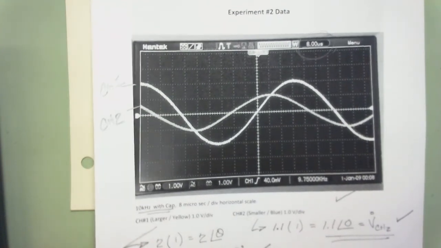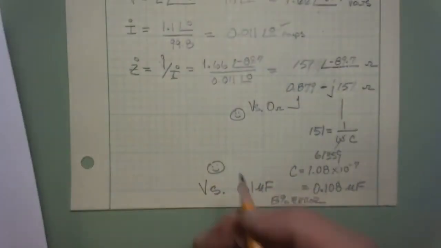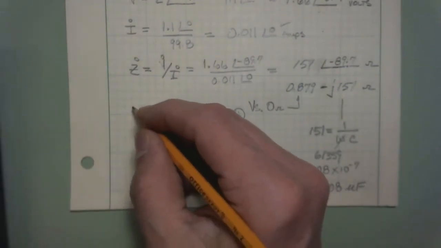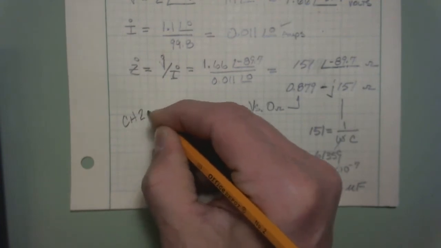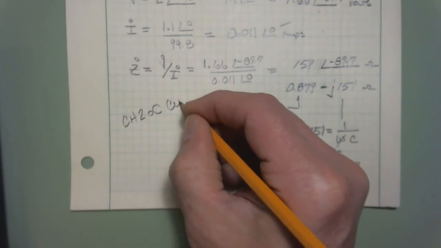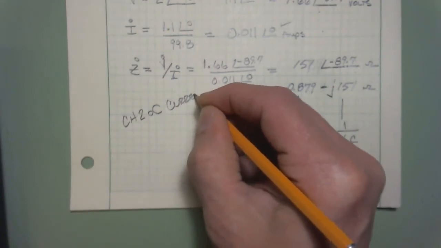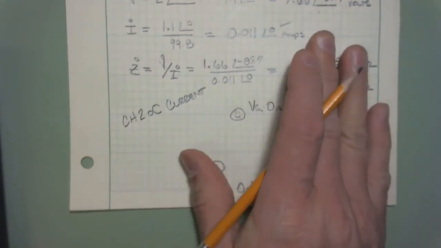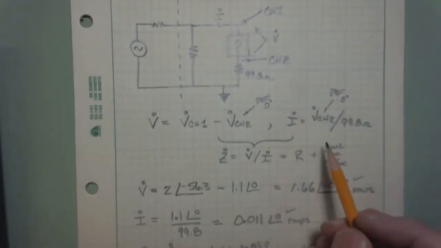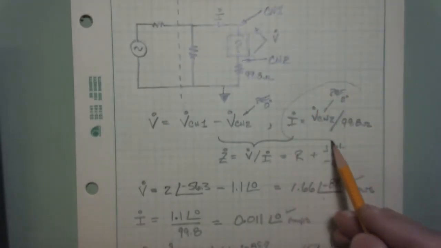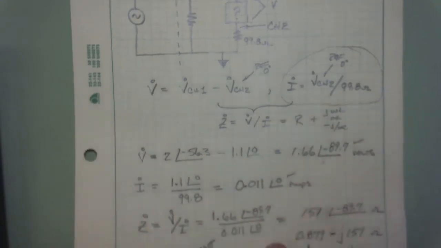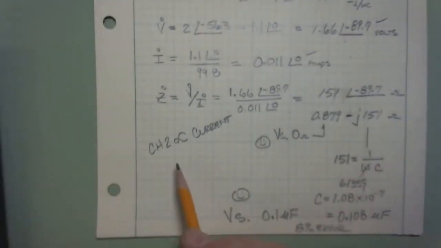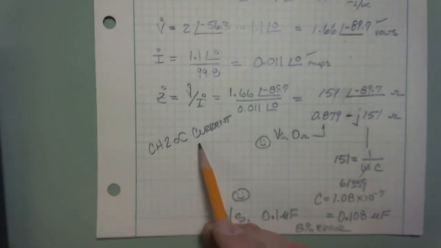Well, let's try and document that. I could say that channel 2 is proportional, I'll use the symbol for proportional, to current. Is that true? Yeah, I mean channel 2, there's our equation for current. We just take channel 2 and divide by a constant. So certainly it's safe to say that channel 2 is proportional to current.